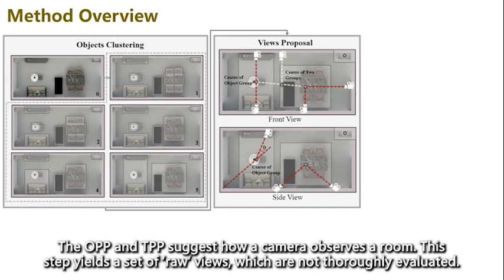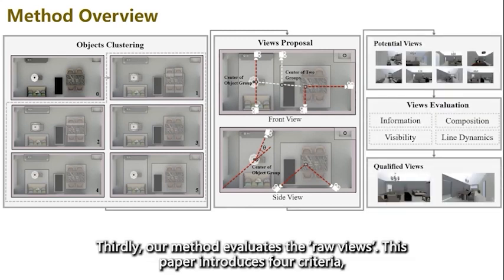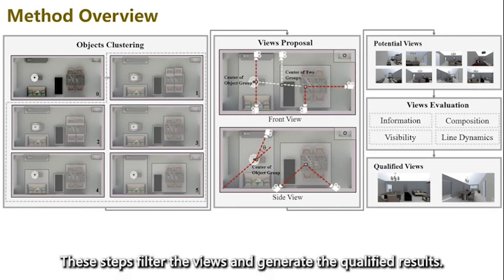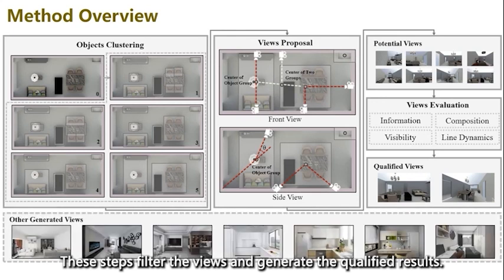The OPP and TPP suggest how a camera observes a room. This step yields a set of raw views, which are not thoroughly evaluated. Thirdly, our method evaluates the raw views. This paper introduces four criteria, including room information, visibility, composition balance, and line dynamics. These steps filter the views and generate the qualified results.